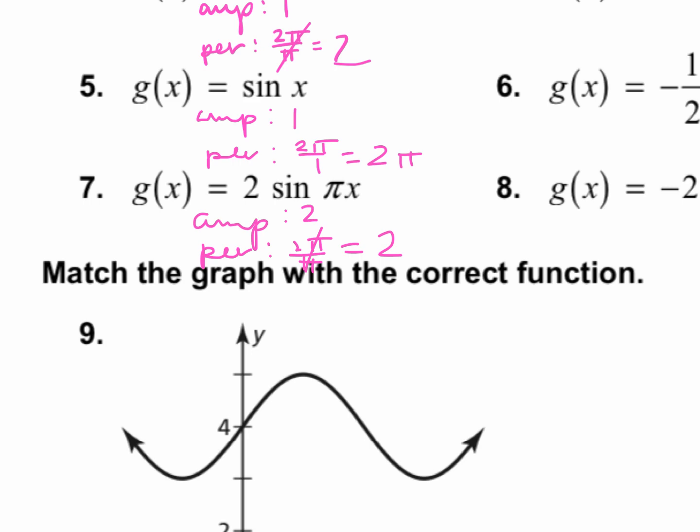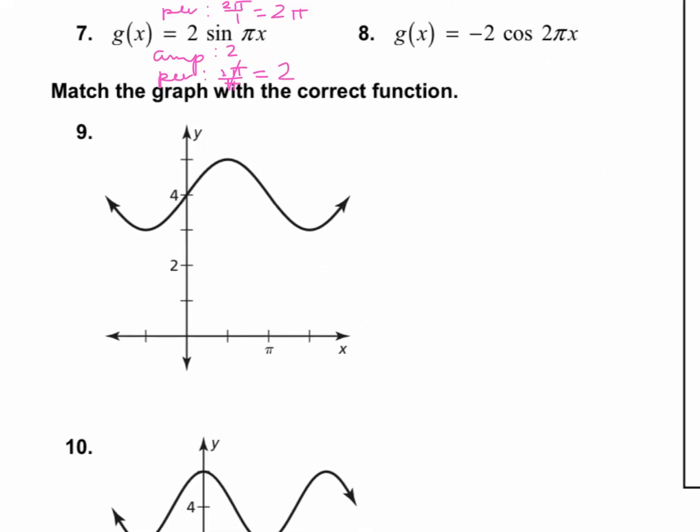Any questions here? Alright, let's take a look at 9 and 10. So for 9, do you think this is going to be a sine graph or a cosine graph? Sine. Why do you think it's sine? So it's sine because it starts here at the center.